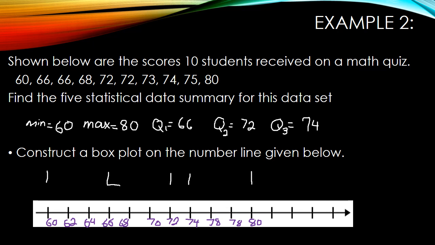And now my box starts with the first quartile and ends with the third quartile, and then the whiskers extend to the minimum and the maximum from the first and third quartile. So this is the box plot for this data set that shows the 5 main points.